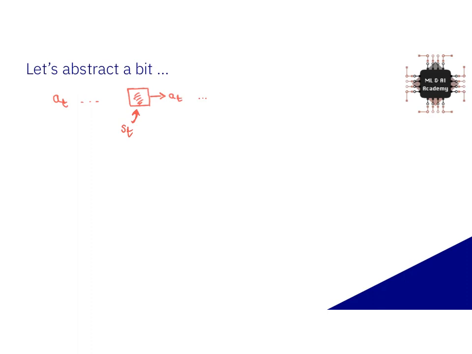Now, this function itself can also be parameterized. For example, you can have a neural network here, and we will dive into this in a second. But for now, we need some function that will pick the actions, and we're going to look for the best function that picks the best actions to maximize performance. That's the goal.